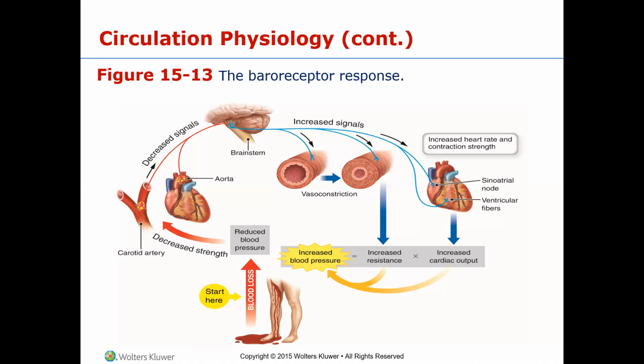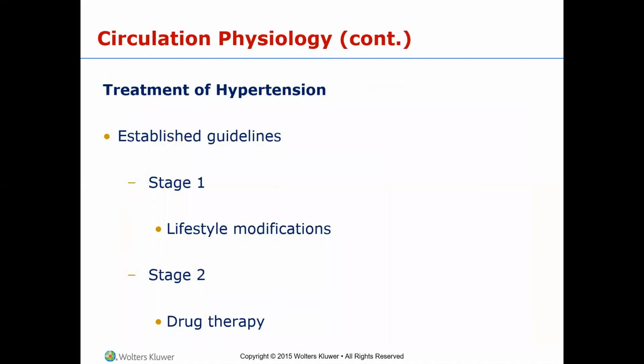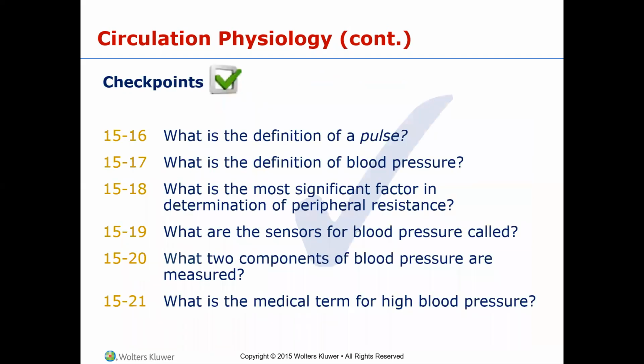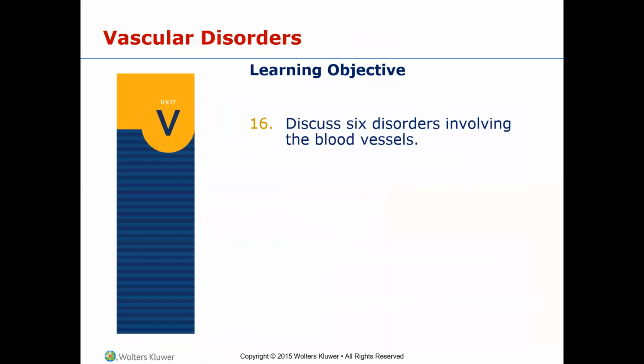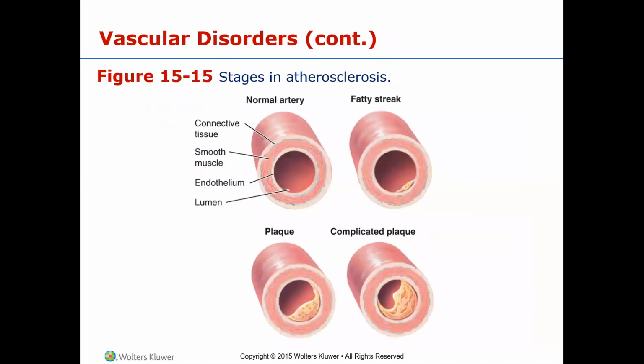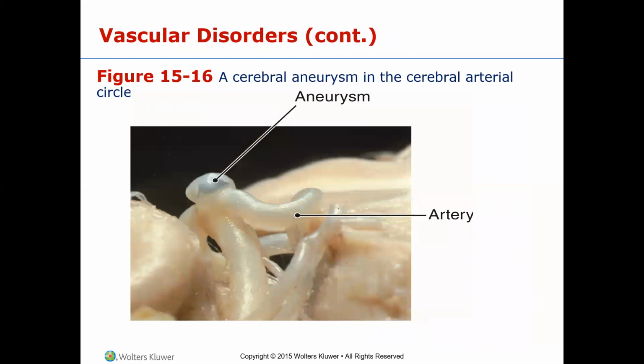Okay. So pretty much that's all that I'm going to cover for Chapter 15. I'm not going to go into some of these other disorders, because I think that you probably have had that in your nursing class or in EMT or paramedic. There is an aneurysm, which is a bulging, weakened blood vessel, and it can burst.